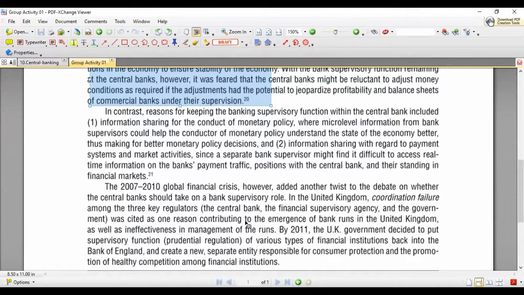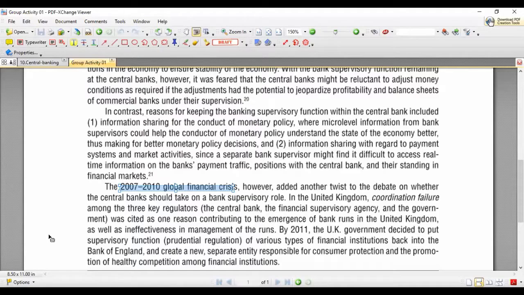And another argument they highlighted here is that if there are many institutions for particular functions, the central bank being the conductor of monetary policy and a separate institution for supervision of commercial banks, there will be a coordination problem. So especially after the 2008-2010 global financial crisis, they realized that coordination failure was partly responsible for the financial crisis.